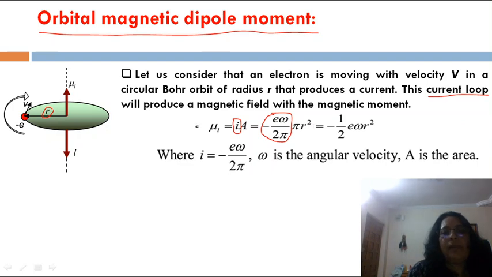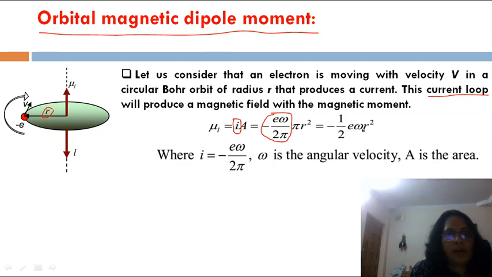That value, that magnetic moment, is minus 1 by 2 e omega r square. Okay, everybody have cleared now what I say? When the electron is revolving surrounding the nucleus, as the electron is a charged particle, its motion is related to a magnetic field.